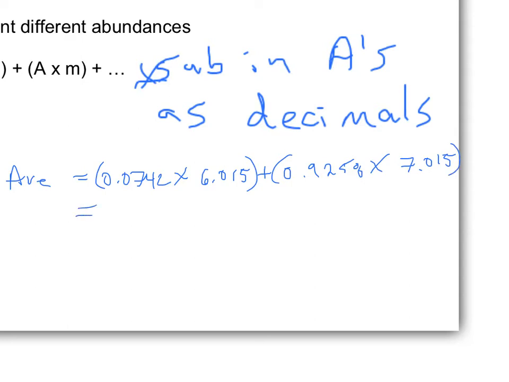I would punch that in my calculator, and the average mass of a lithium atom is 6.9408 atomic mass units.